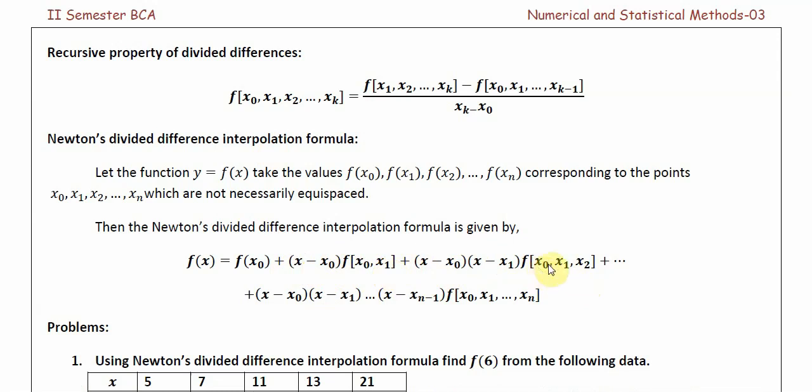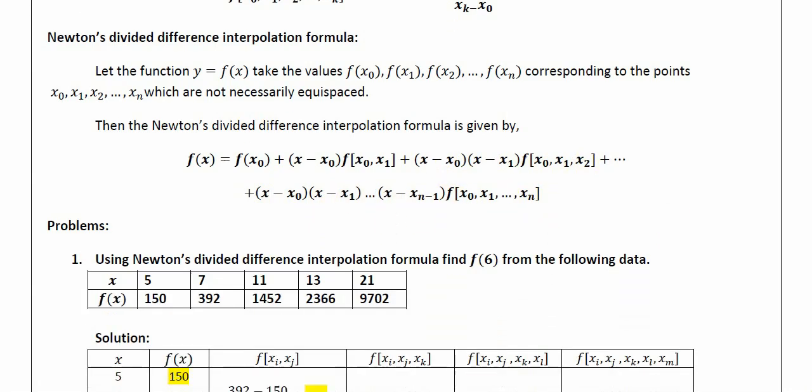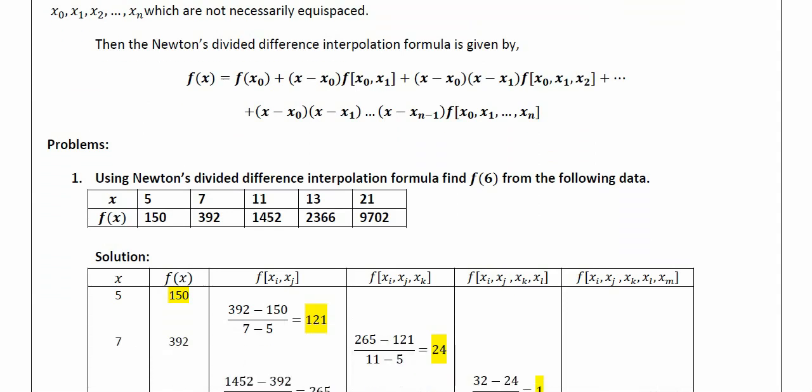Divided difference corresponding to x naught x1 x2 ಇತ್ತು ಅಂತ ಹೇಳಿದ್ರೆ I have a term till x1, x minus x naught, x minus x1, x minus x2 ಇಲ್ಲ, last term ಇಲ್ಲ. Similarly, if I take the divided difference till xn, I will have terms up to xn minus 1, x minus x naught, x minus x1 till x minus xn minus 1. Therefore, this is how the divided difference table works for me.